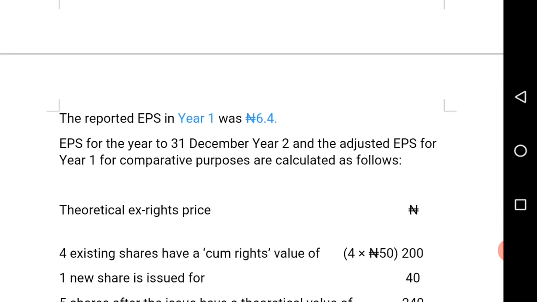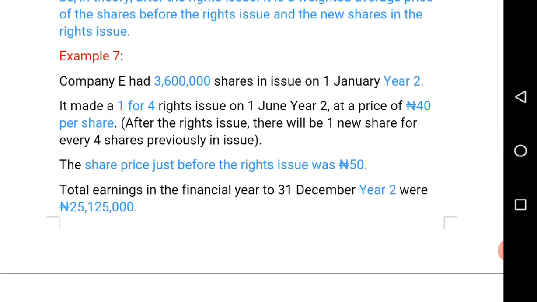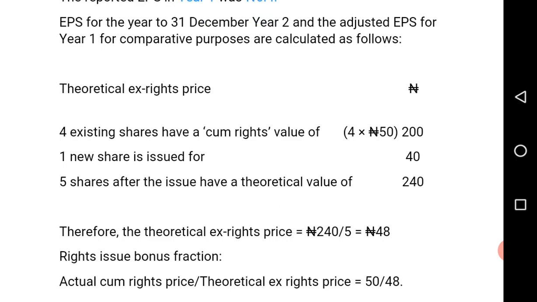Now the theoretical ex-rights price. We already have the rights price here as 50 naira. It's plain in the question. Now we are looking for the price in theory. How do we get that? 4 existing shares at the rights price. We have 4 shares times 50 naira, that's 200 naira. Then 1 new share for 40 naira.